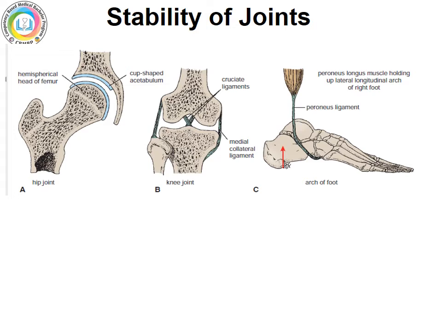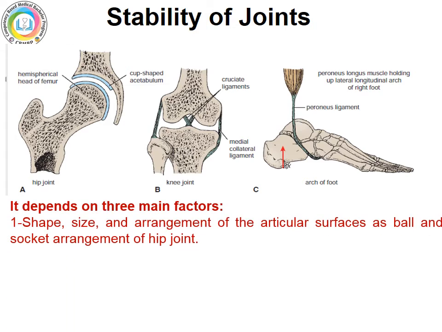Let us study another topic, which is stability of joints. The joint is stable, does not dislocate, according to main factors. Number one, shape, size, and arrangement of articular surfaces, as ball and socket arrangement of hip joint.